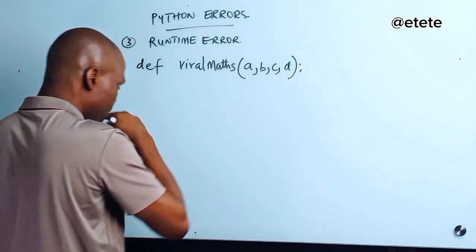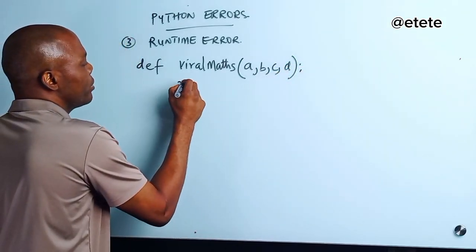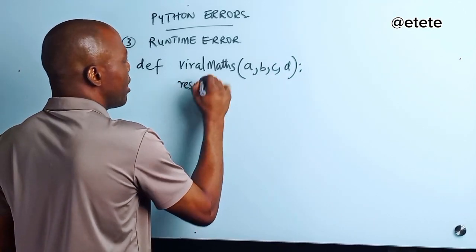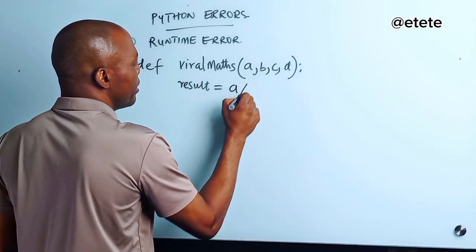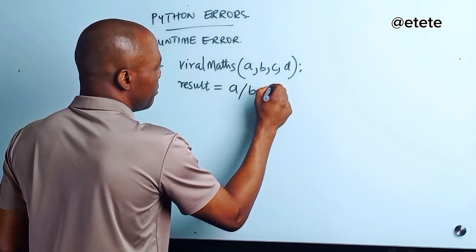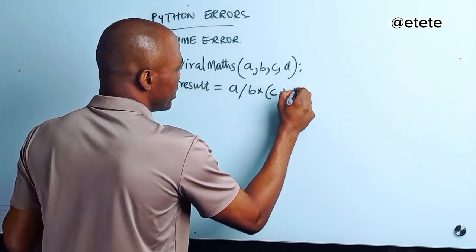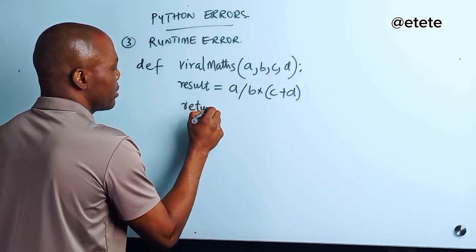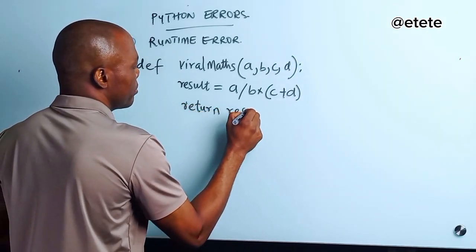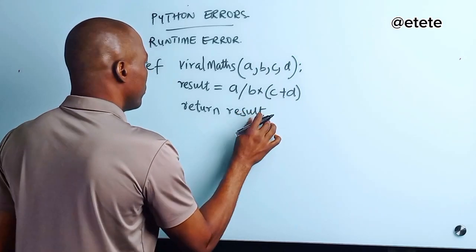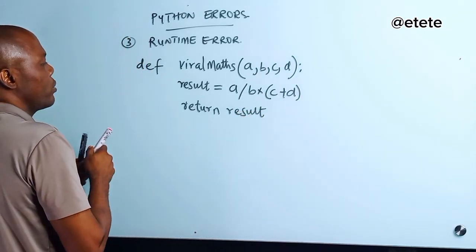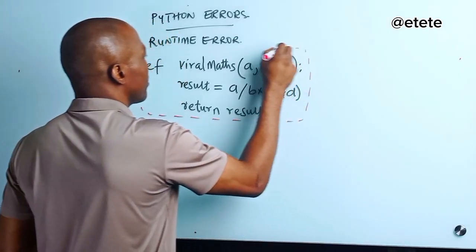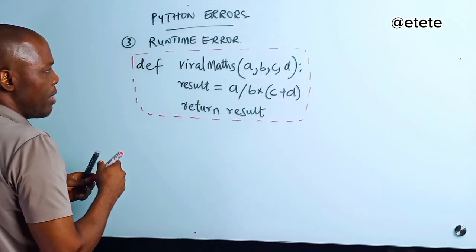So here we go in, and then we'll say result, and we create our equation here. A divided by B, multiply, then C plus D. And then we say return result. Right? So this is it. Now we've created our function.